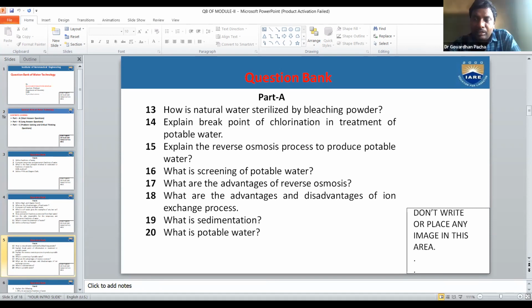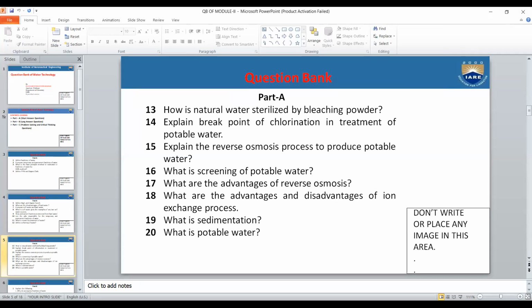This hypochlorous acid dissociates into H plus and OCl minus. This OCl minus kills the pathogenic bacteria present in the water. So the disinfectant is hypochlorous acid. That is the sterilization done by bleaching powder.